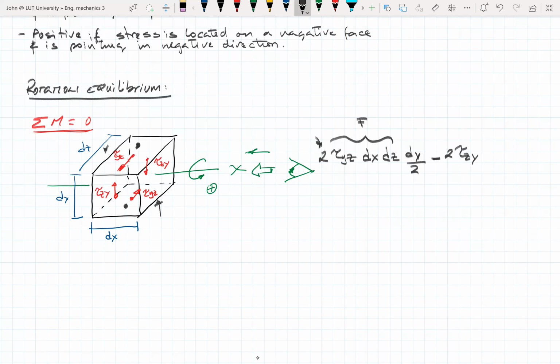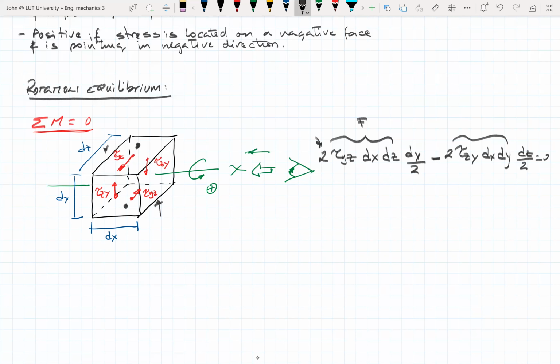The area where this shear stress is applied is represented by dx times dy, and the arm of the force, or the length from the force to the rotation axis, is half dz, or dz divided by 2, and this has to be equal to 0.